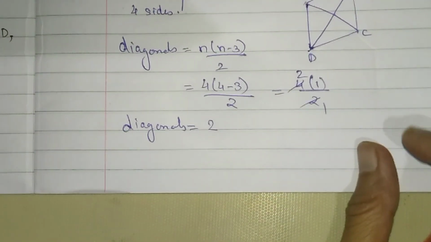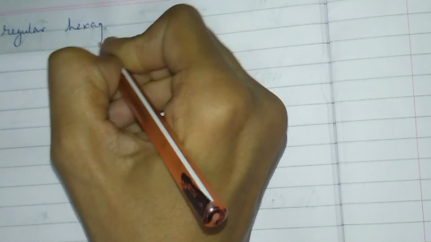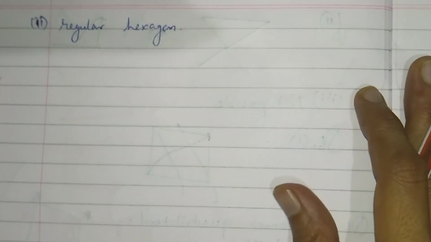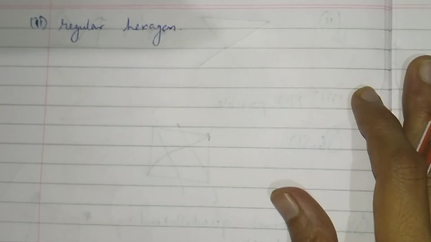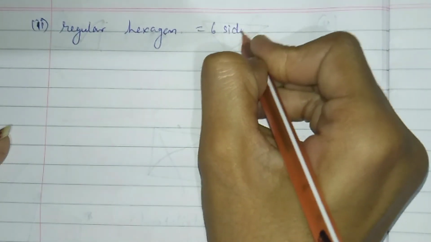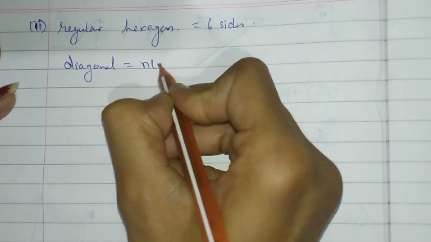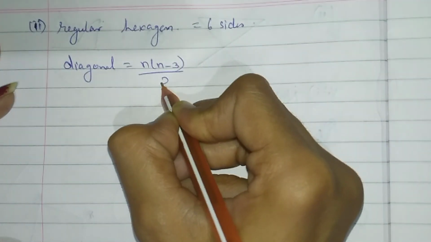Now the second question is a regular hexagon. A regular hexagon has how many sides? A hexagon has 6 sides. So the diagonal formula is n(n minus 3) upon 2.